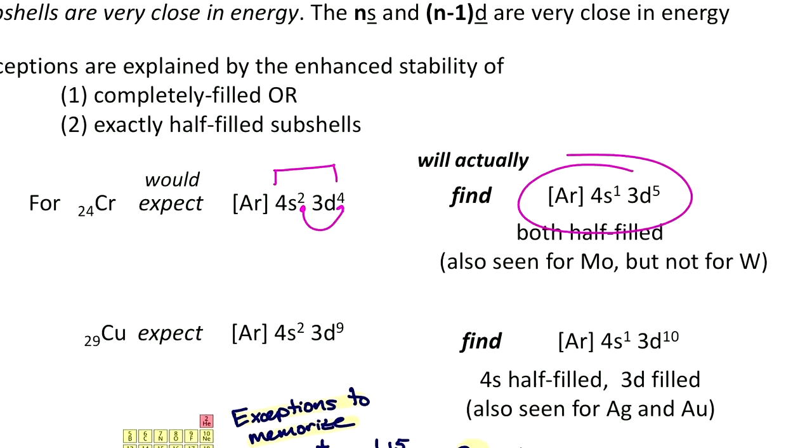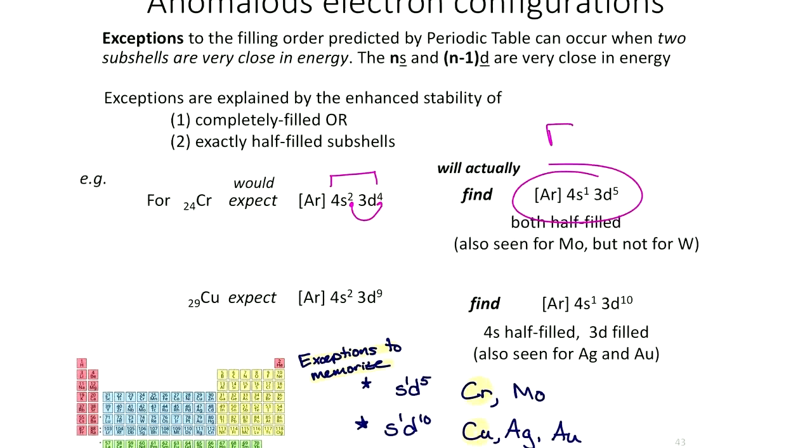The reason we do this is because we get a lot of stability back when we have a half-filled subshell. 5 electrons in a d subshell gets some enhanced stability, which is why one of the electrons in our s orbital jumps ship. Now we have 2 perfectly half-filled subshells, with a little bit of enhanced stability. We see that for chromium and for molybdenum. Instead of having 2 and 4, we see 1 and 5. So chromium and molybdenum will do that.